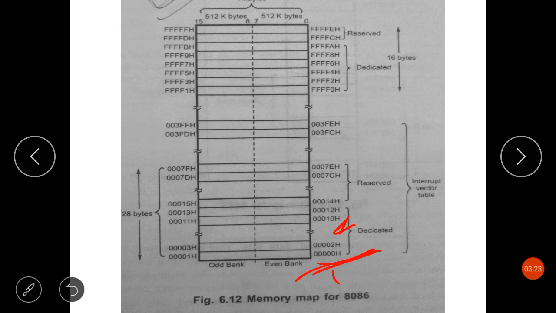Bank 0 is usually referred to as even addressed memory, and BHE bar is used to access the higher order memory bank, that is bank 1, which is referred to as the odd addressed memory bank. As you can see, these are all odd addresses. The last digit is 1, 3, 5, 7 in this way.